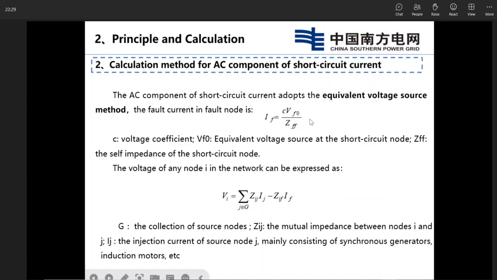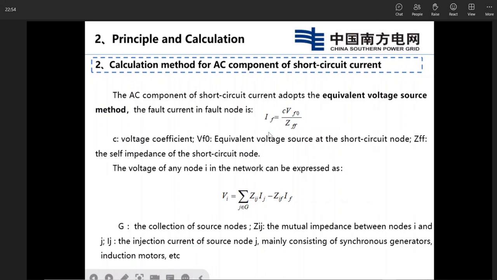VF0 means the rated voltage of the node we want to calculate, where we set the fault. ZFF means the self-impedance of this node. So the AC current amplitude is very easy to calculate.